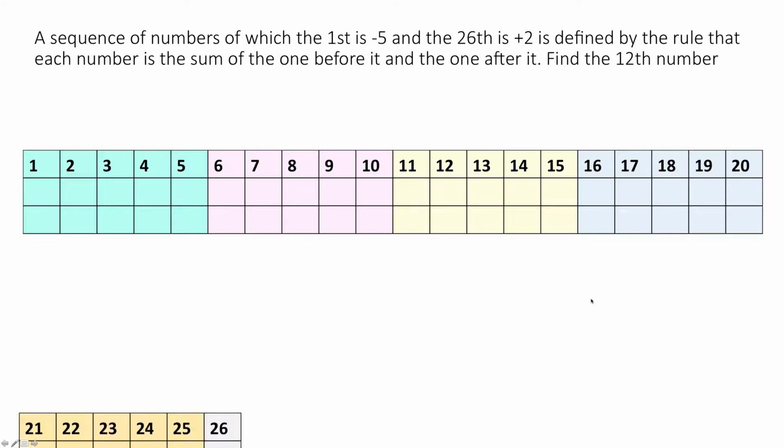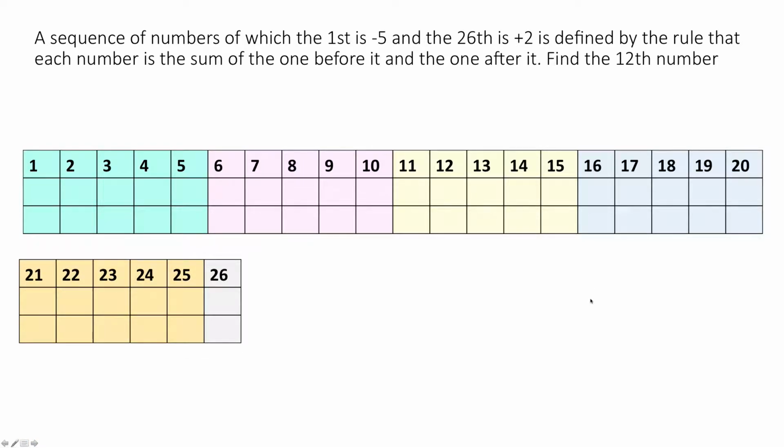We'll draw a table which has got 26 segments in it. The first value we know is -5, so we'll put a -5 here, and the 26th value is +2. Our objective is to find the 12th number, the value which is here in the 12th place.